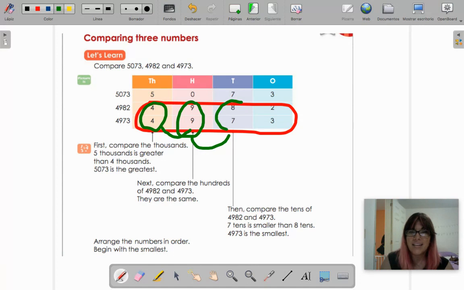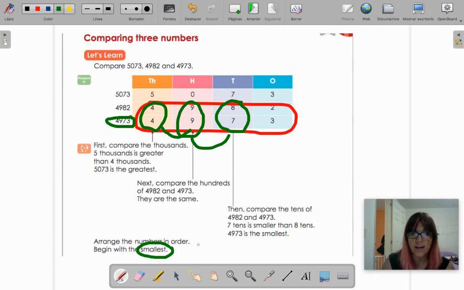And here finally, they are different. So if they told us to begin with the smallest, that means here they are the same. And now here, which is the smallest? Excellent. The 7 is the smallest. That means all these numbers should go first.